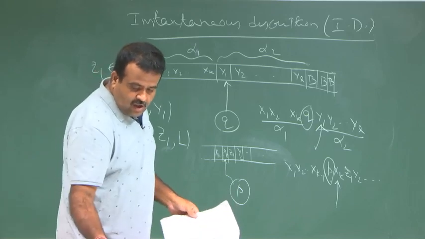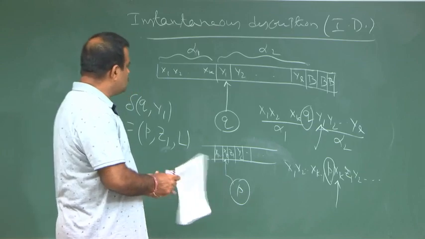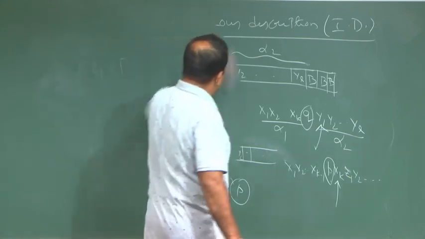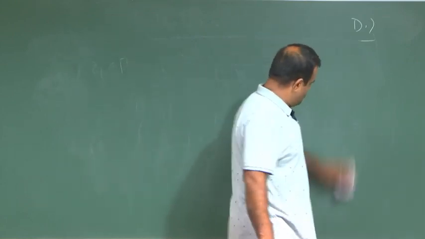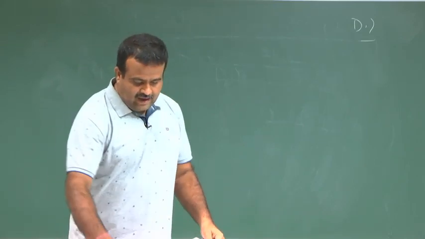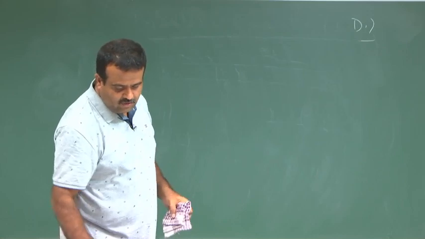So, now we can have this, which is called the move relation. We will formally define the recursive way to define the move relation. Then we will see what we mean by acceptance of a language.